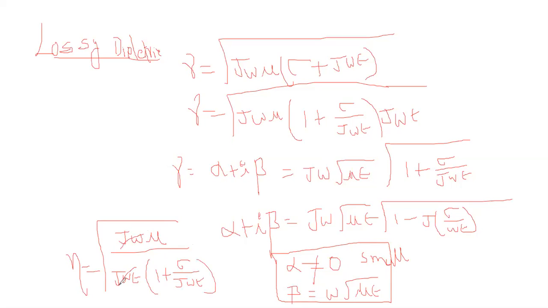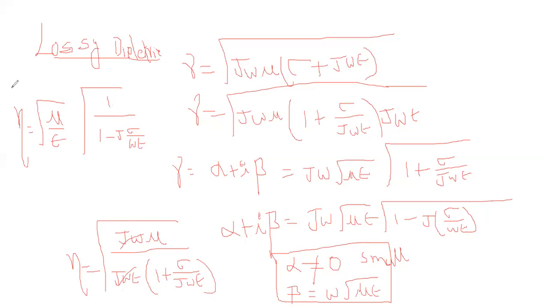Okay, and this j omega gets cancelled, and we get eta is equal to under root of mu by epsilon into 1 plus sigma by j omega epsilon. If you write this in two terms, the intrinsic impedance eta is equal to under root of mu by epsilon, and also another root is there, that is 1 by 1 minus j sigma by omega epsilon.